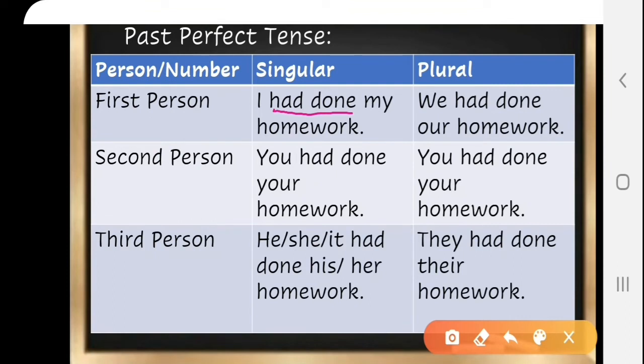That means V3 and auxiliary is had. Can you see here? So in this way, past perfect tense is also very easy to understand.